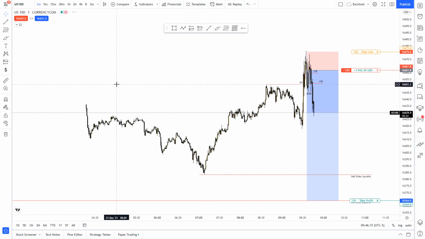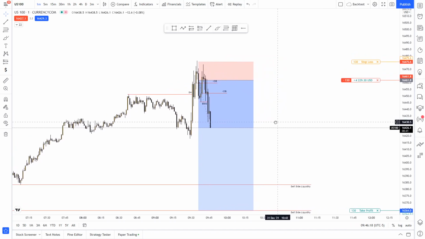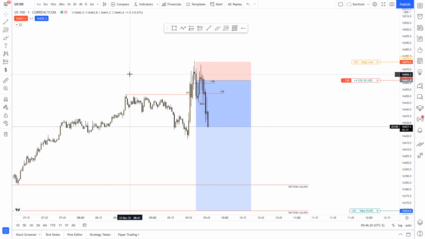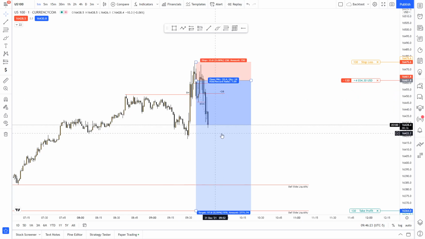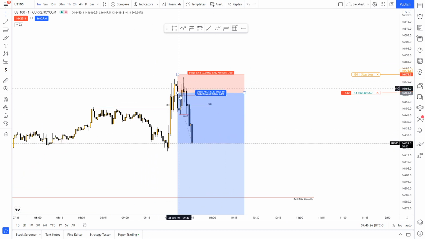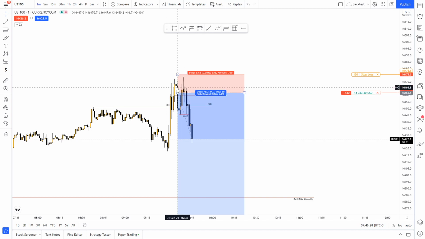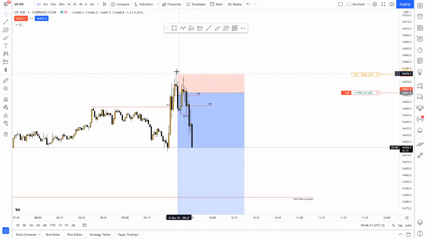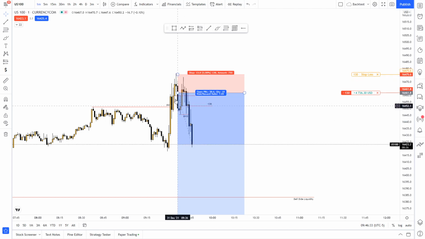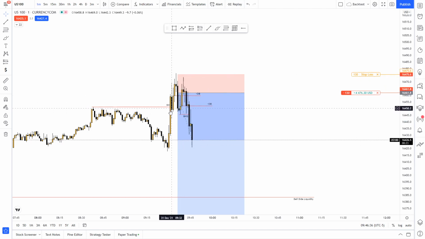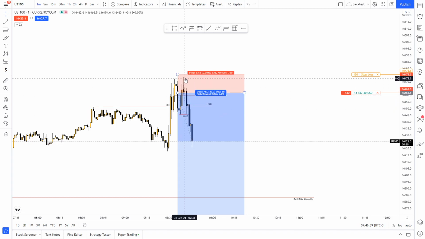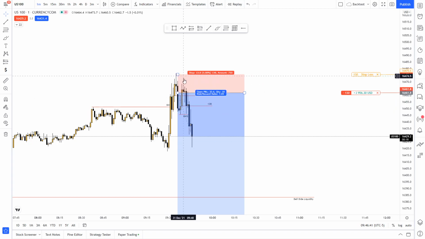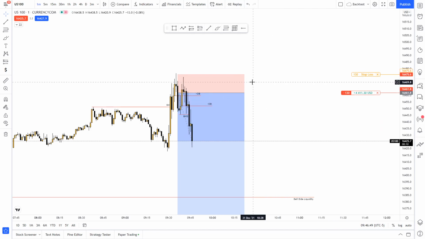Okay, so let's see what happens, and let's do one more quick rundown of how I took this trade. So what did I see? I saw NAS100 stop hunt, then price came in, formed an order block, I entered off the order block formation, stop loss above swing high, and then price sort of broke structure, but then came back up into this imbalance and then started dropping, broke structure, and now it's given more confidence for this trade, more confluence, and we should be blessed.